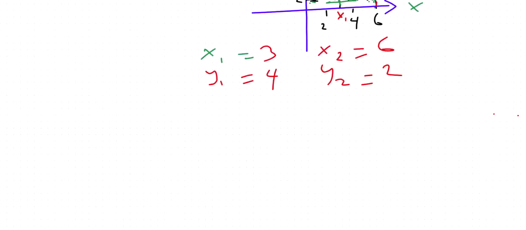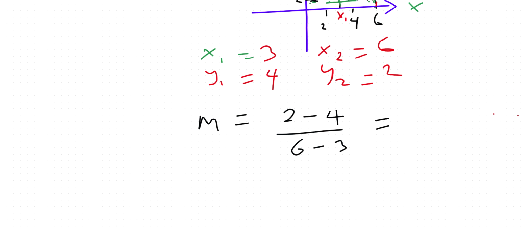So m is y2, negative in the formula y1, all over x2 6 minus x1 3. This becomes negative 2 all over 3. So this is a fraction. This slope will be a fraction.